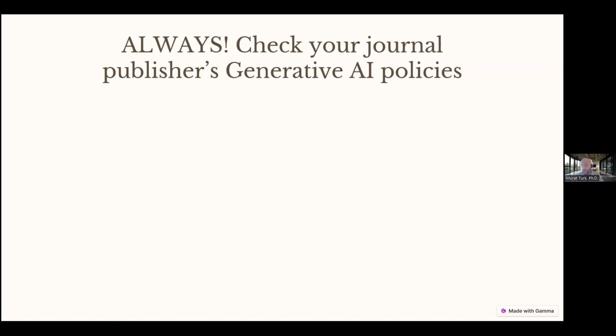However, we know that we always need to act with academic integrity and ethics. Therefore, I would like to make this reminder upfront here. We should always check journal publishers' generative AI policies. What do I mean by that?